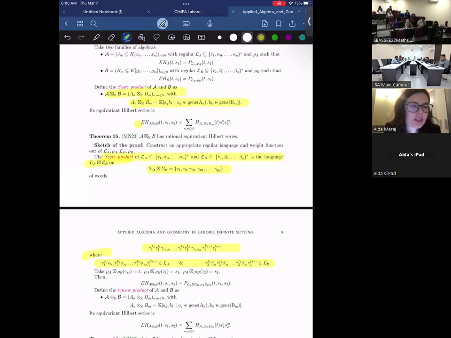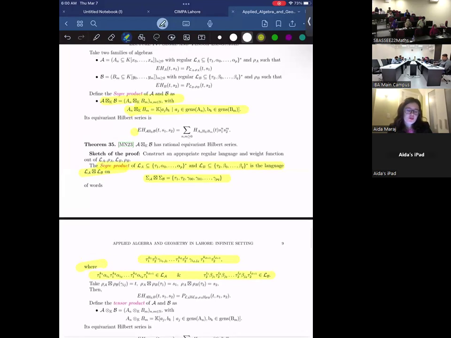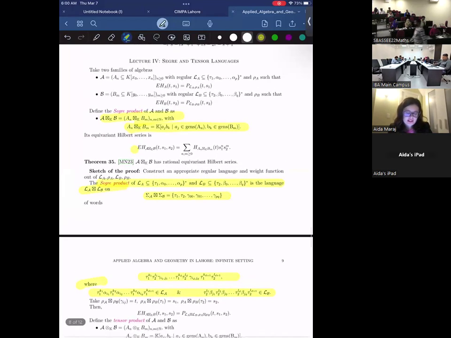Yes, so I'll say a few things before I go to the problems, just that I kind of intended to share with you. So I introduced earlier how to use regular languages to prove rationality results for this equivalent Hilbert series.